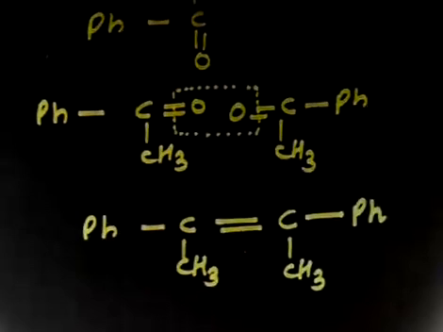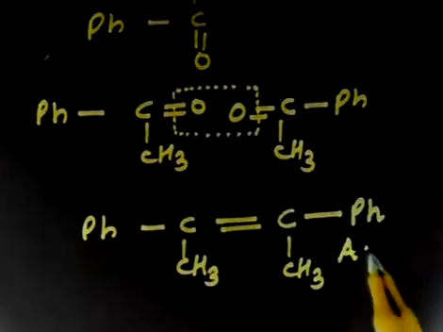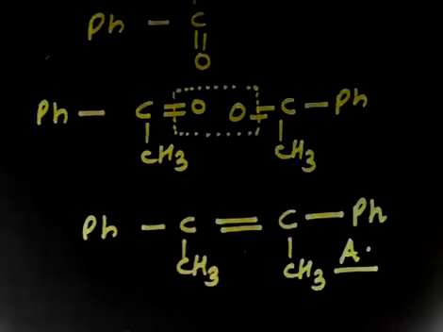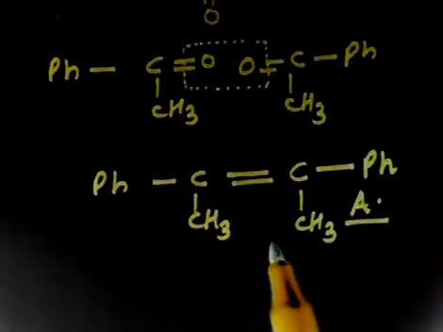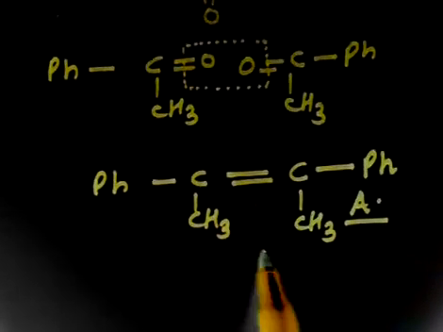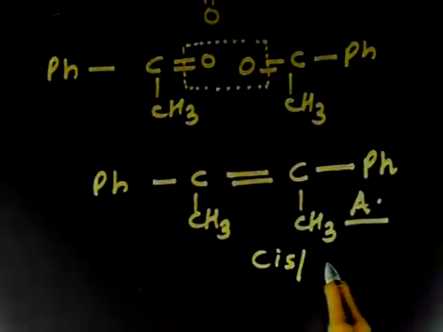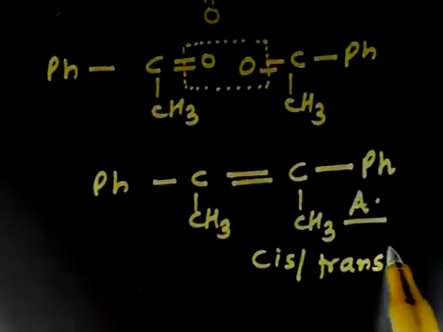So this is the initial compound you will have. Now the question also says A exists in two isomeric forms. That is obvious. This can exist as cis and trans, so A will have two isomers, cis as well as trans.